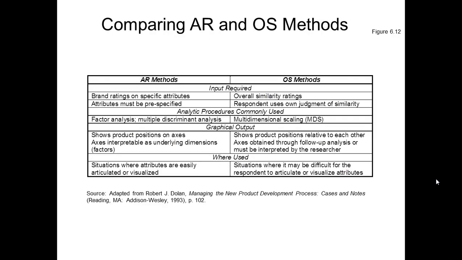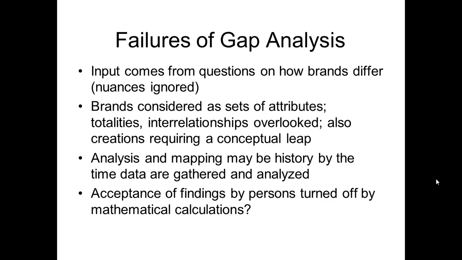So now we compare the attribute rating, or the AR, and the overall similarity, or the OS method. They're comparing these two by the input required, analytical procedures used, graphical output, and where it's used. So they're giving this information and comparing the two.